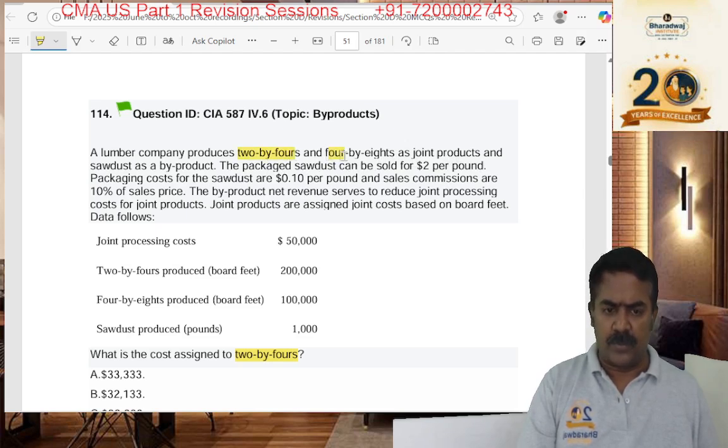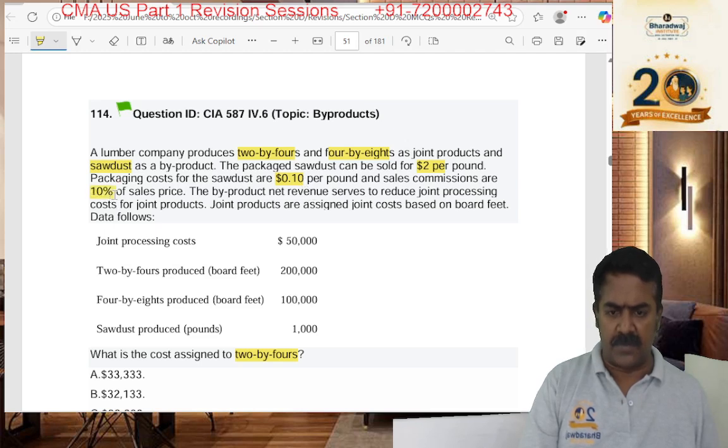Two by four and four by eight. Sawdust is a byproduct. Sawdust can be sold for 2. Packing cost is 0.01 per pound. Sales commission is 10% of selling price.